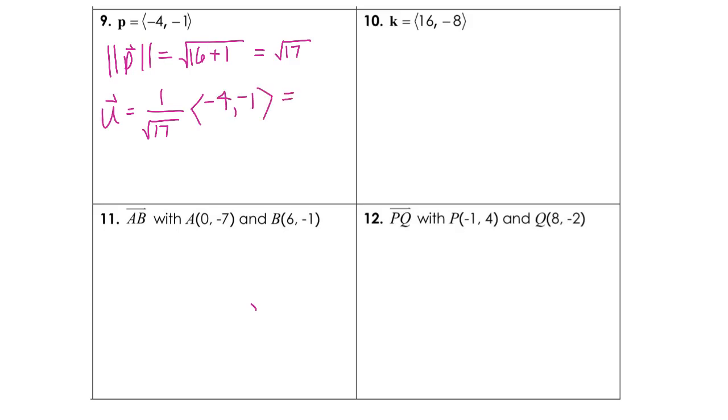And we will need to rationalize here. We have negative 4 over root 17, and then negative 1 over root 17. And then if we rationalize that, then we're going to have our unit vector to be negative 4 root 17 over 17 and negative 1 root 17 over 17.